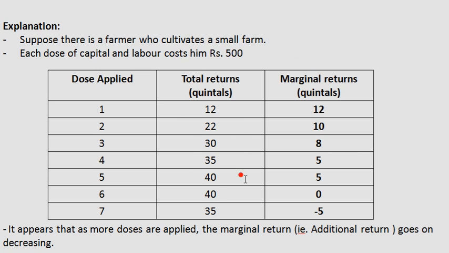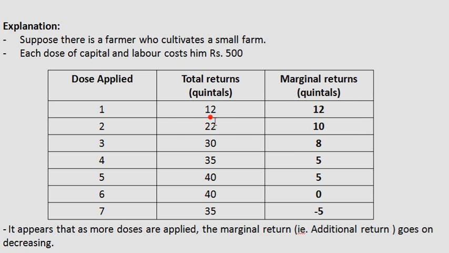From this example, or from this table, it appears that as more doses are applied, the marginal returns, or the additional returns received, go on decreasing from 12 to -5. This is our law of diminishing returns.